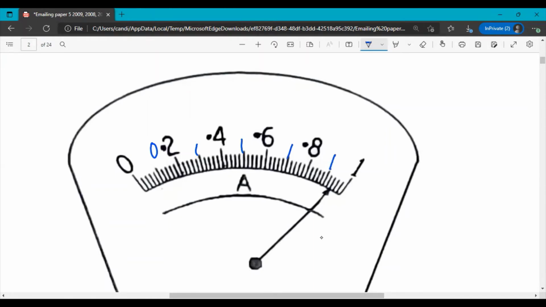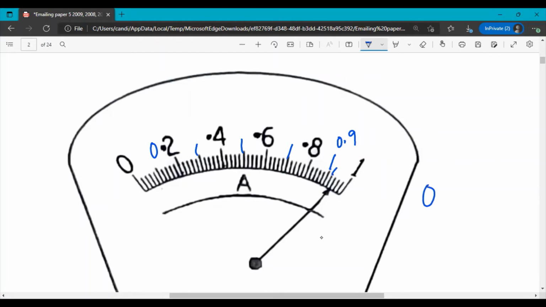So right here is going to be 0.9. And again, we're going to be counting in 0.02 in this case. So that would be 0.9 here, so this would be 0.92.